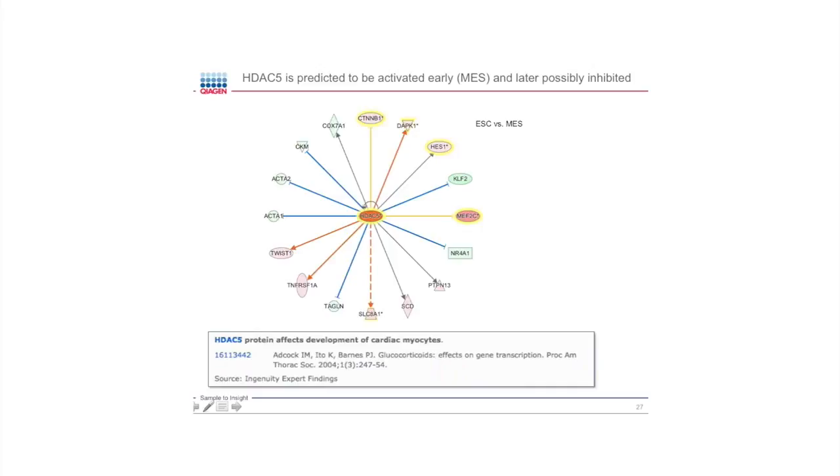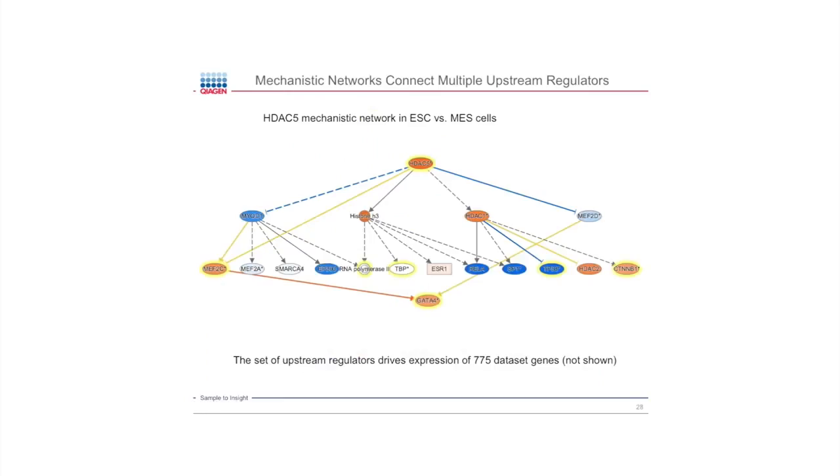Just as a point of interest, HDAC5 is known to affect the development of cardiomyocytes, so that's kind of cool. Okay, going to the next slide. Another thing you can do is look at a mechanistic network, which is a way of seeing which regulators are connected to one another. HDAC5 has a mechanistic network that is automatically created in IPA when you do the upstream regulator analysis, and you'll see how it's predicted to decrease MyoD1.